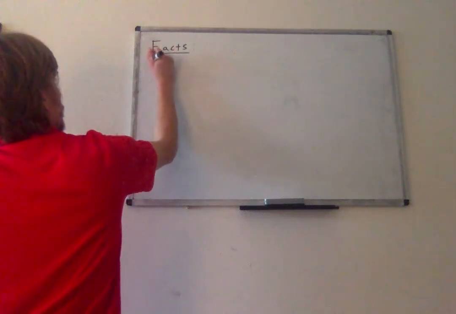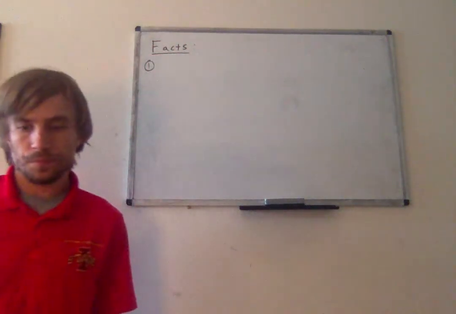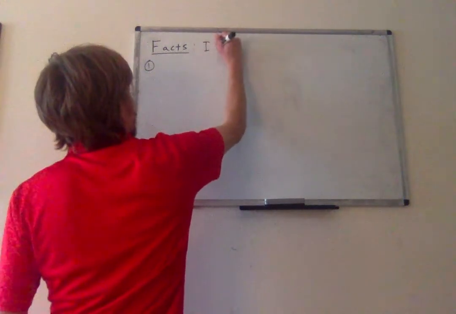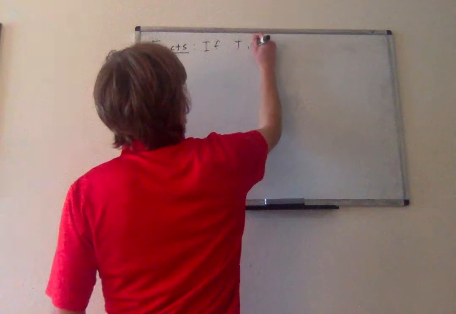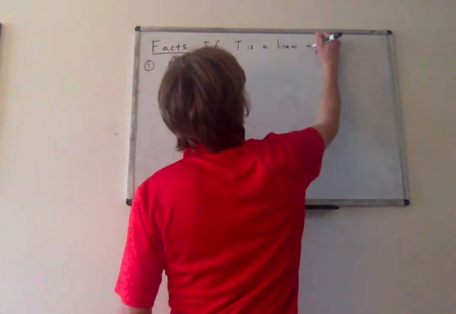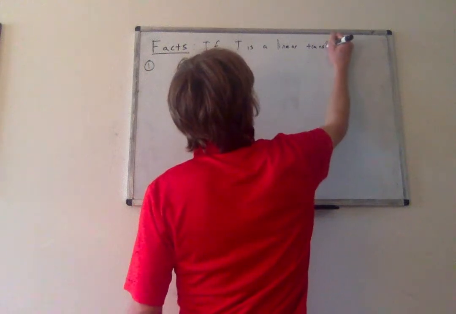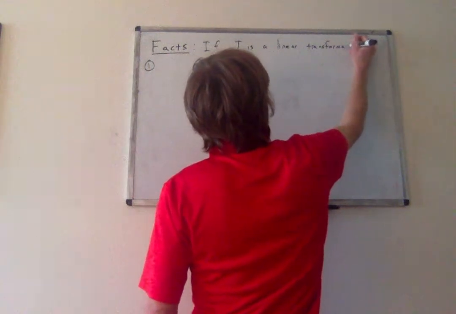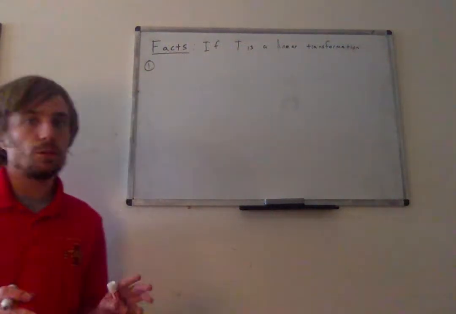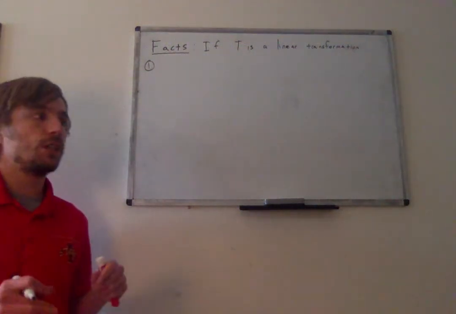So, number one is that, well, first off, if T is a linear transformation. And in particular here, notice that we're just assuming the broad case that T is a linear transformation. So this is true of every linear transformation.